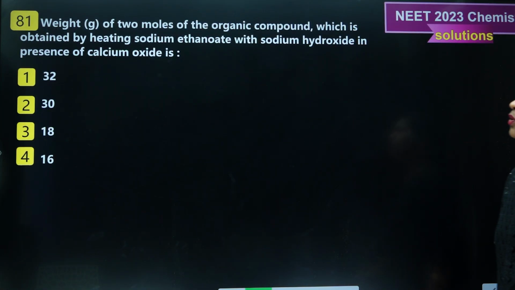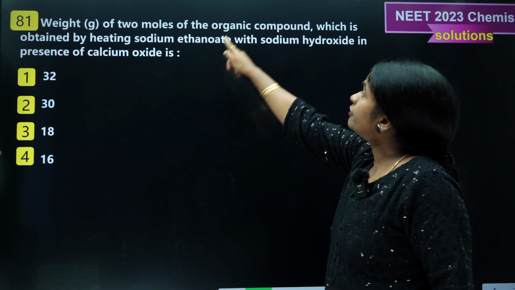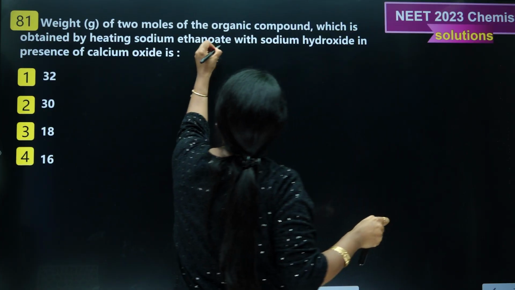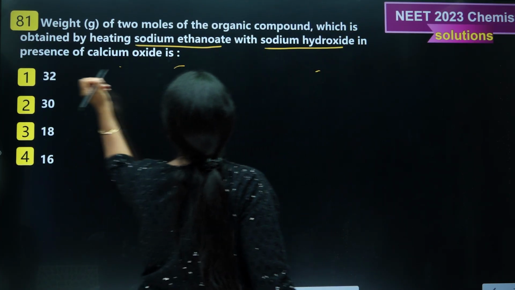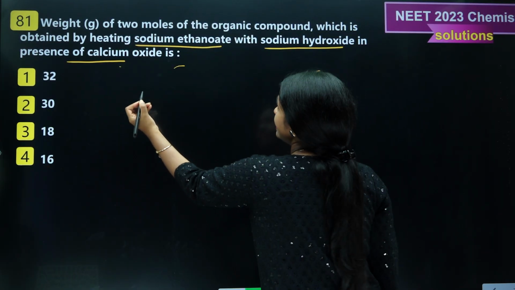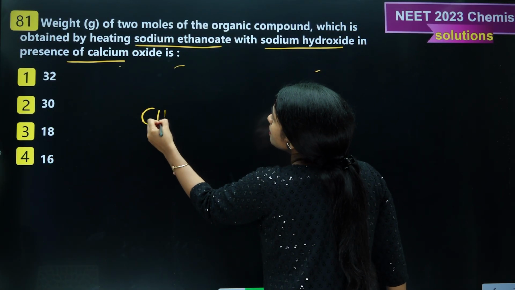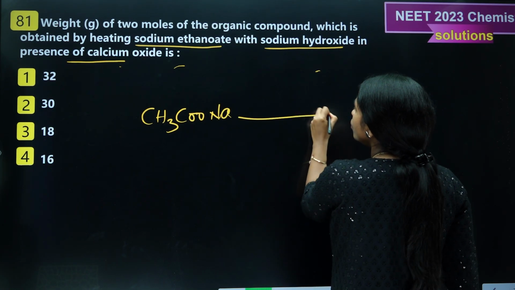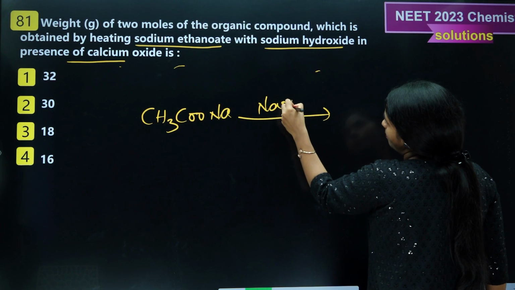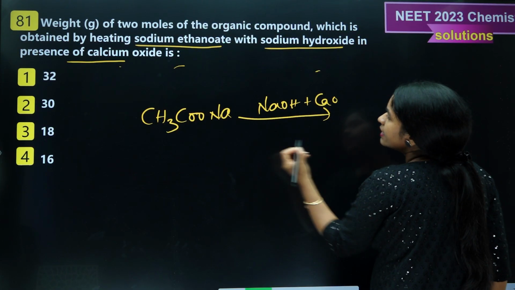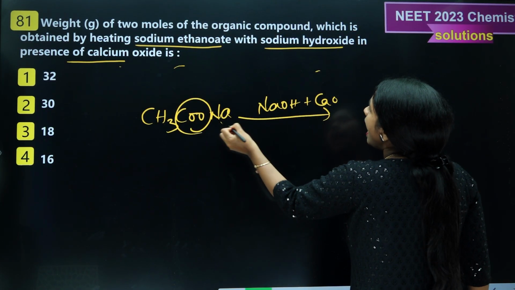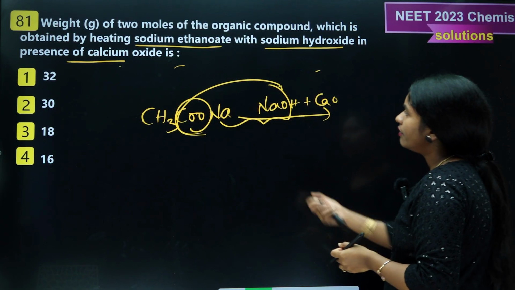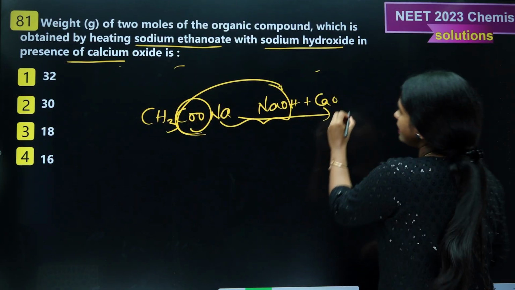See the next question, question number 81. Weight of 2 moles of an organic compound which is obtained by heating sodium ethanoate with sodium hydroxide and calcium oxide. See the reaction, students. Sodium ethanoate, CH3COONa, if you treat with soda lime, then loss of CO2 takes place and Na2CO3 finally goes out. We will be getting H, which goes and attacks there.